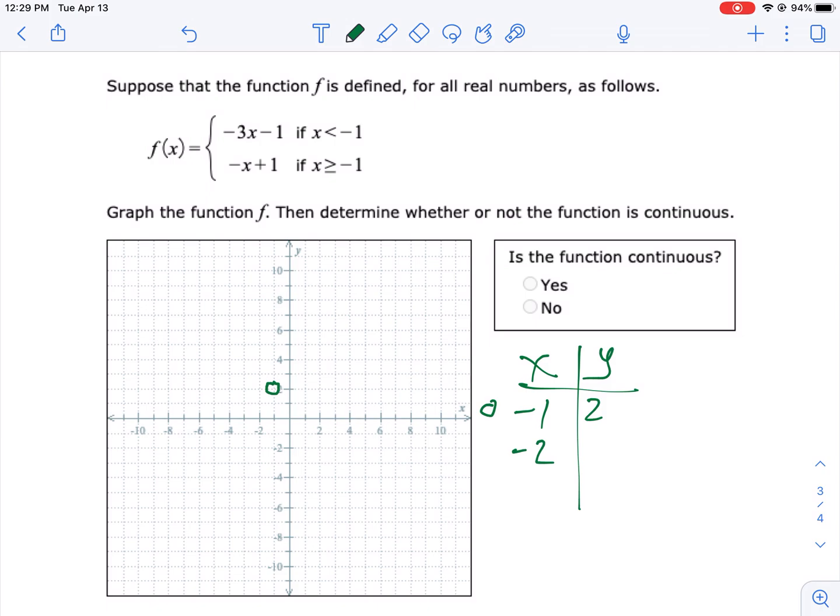Now let's do -2. -3 times -2 is +6, minus 1 would be 5. So at -2, I'm going to be up at 5. Now this will be a closed circle because it's in that range there. And I know this is a line. I know my line goes to the left. So I'm going to draw a line going through those 2 points.